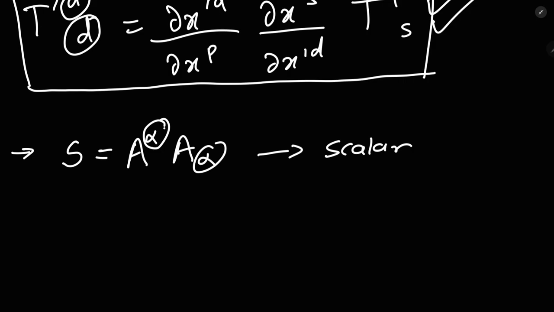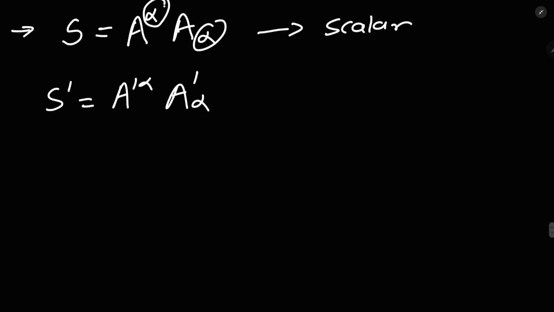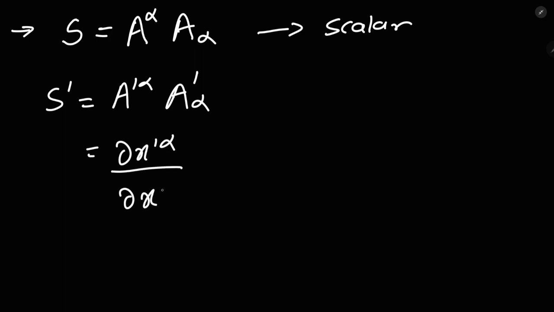So the resultant tensor will be a scalar, that is a rank 0 tensor. To see this explicitly, let's just take S' is equal to A'_alpha A'^alpha. I'll erase these. This will be equal to del x' alpha upon, let's see, what should I call this? It's P, okay.